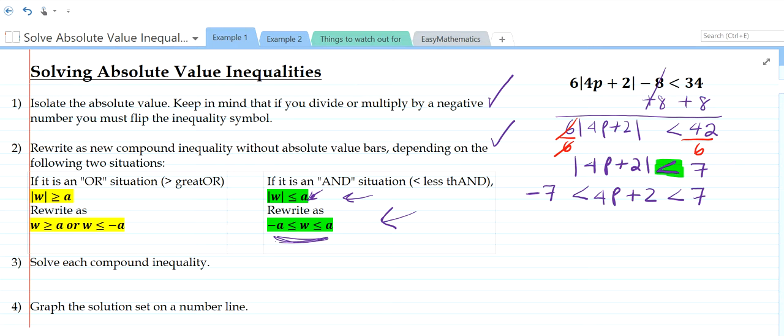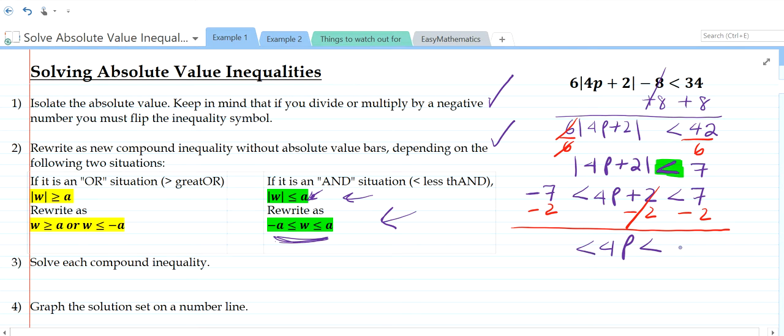So we're going to get p by itself. We subtract 2 from all 3 sides. This cancels. So we get 4p is less than 5 and greater than negative 9. So we have one final thing. In order to get p by itself, we have to divide by 4.